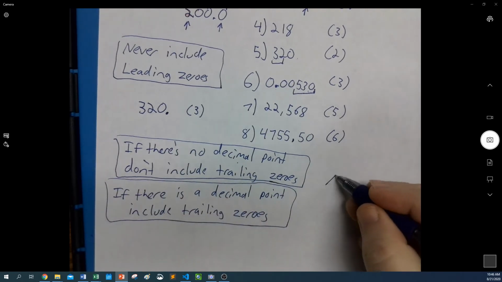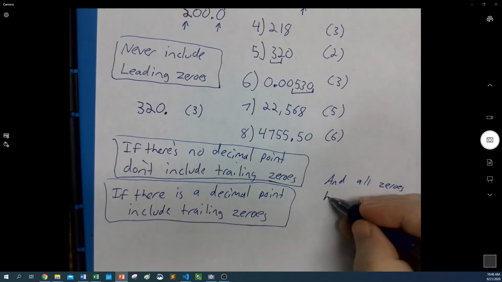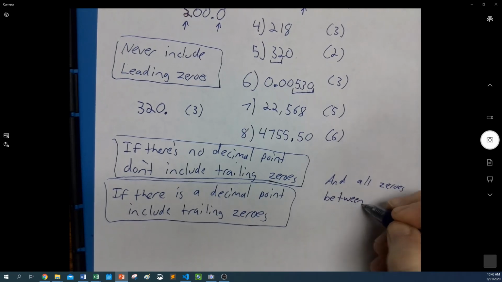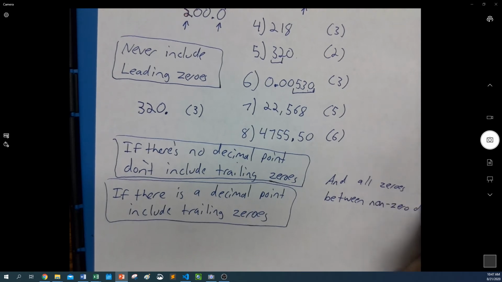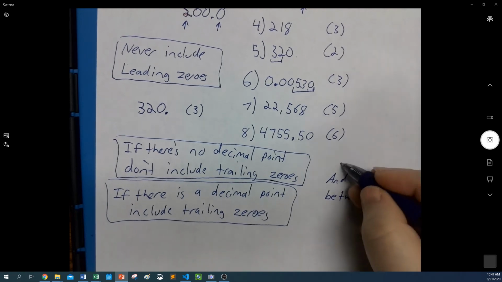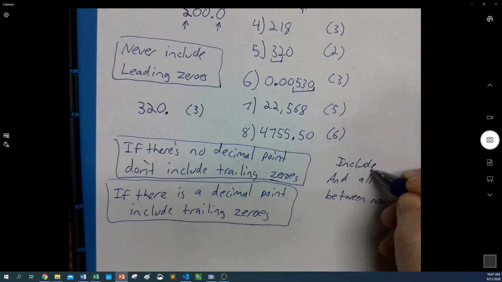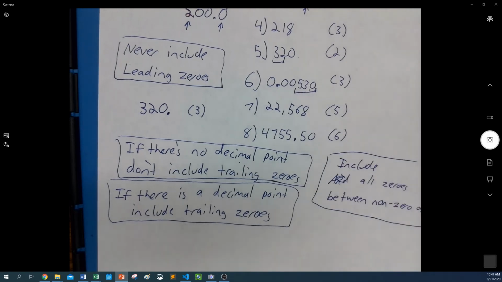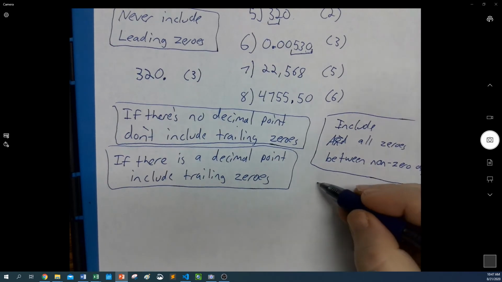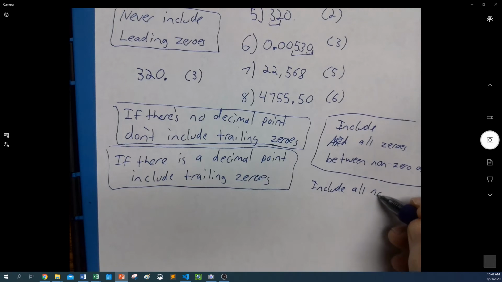And include all zeros between non-zero digits, and of course include all non-zero digits.